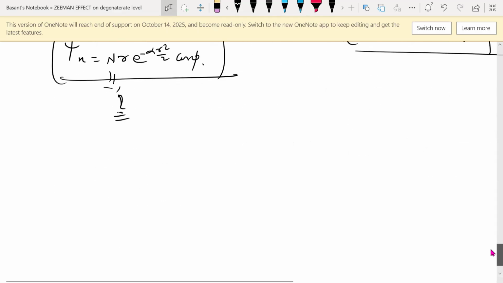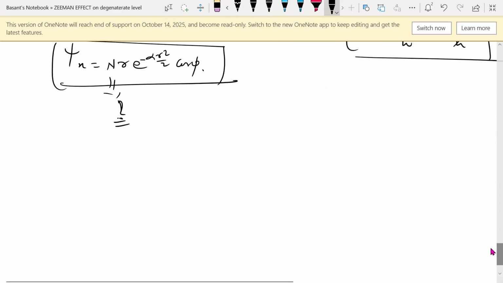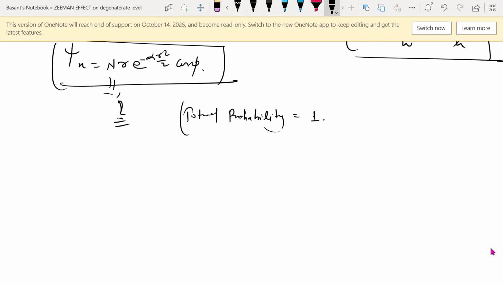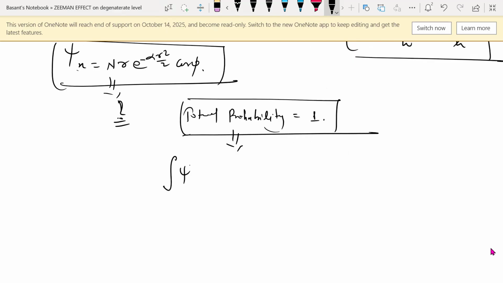So for normalization, I have to write the total probability for this state is equal to 1. And for total probability, the expression is integral of psi star psi d tau, this is equal to 1.